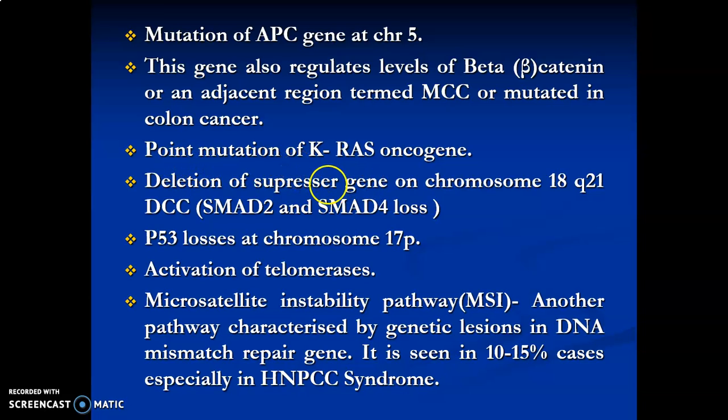There is deletion of a suppressor gene on chromosome 18, loss of P53 and activation of telomerase. All these gene mutations are seen in the adenoma-carcinoma sequence or pathway.